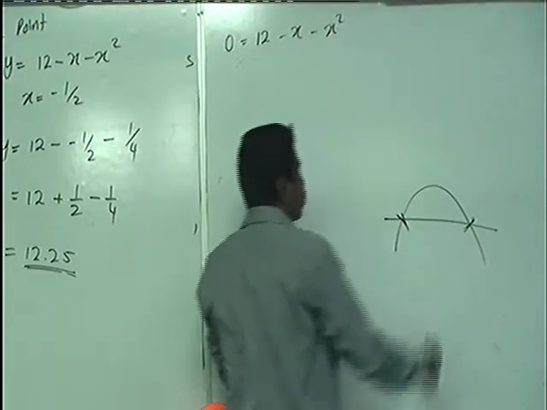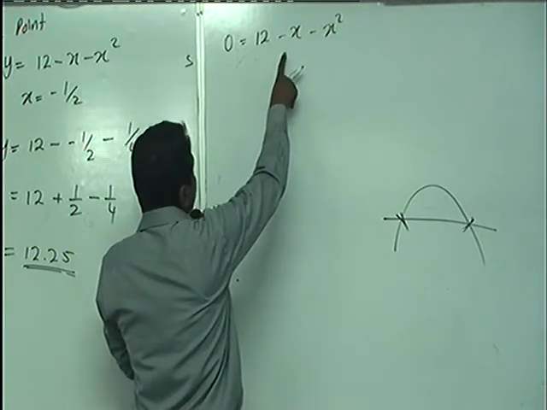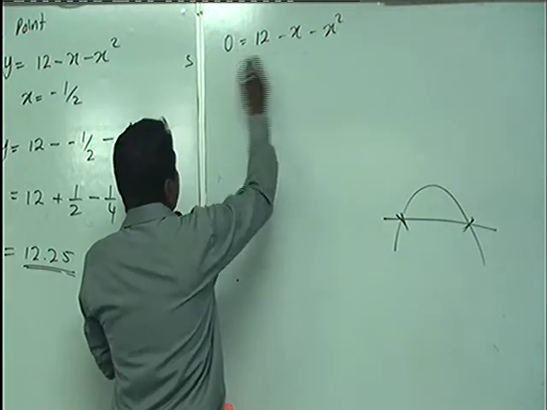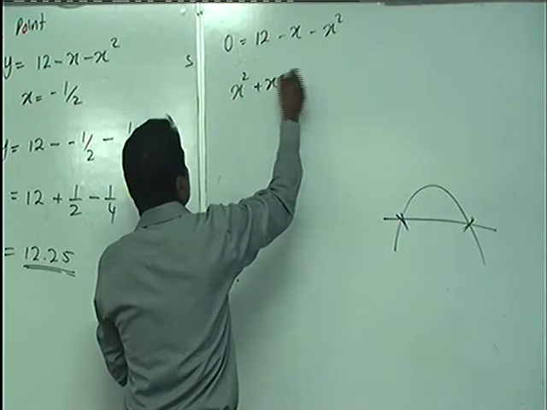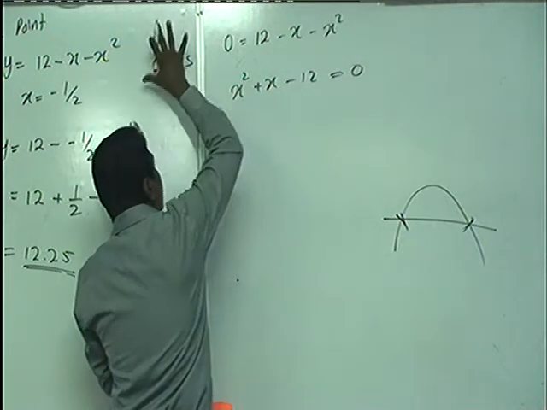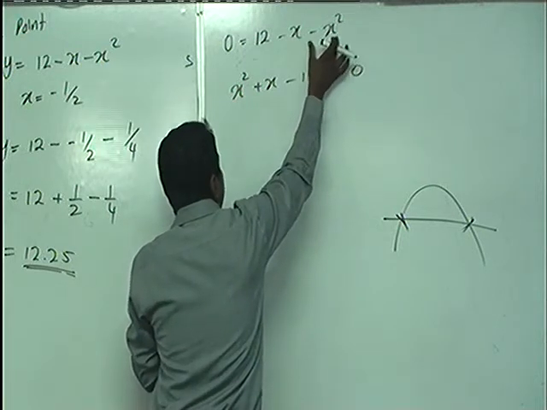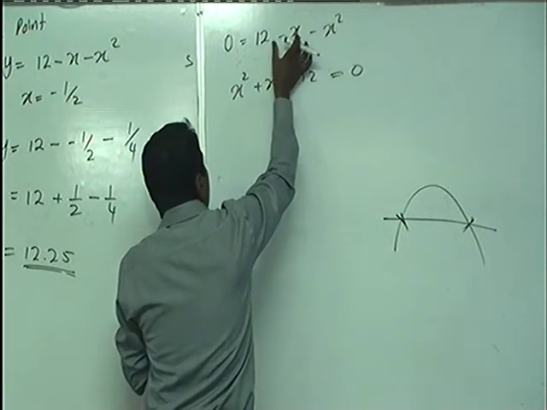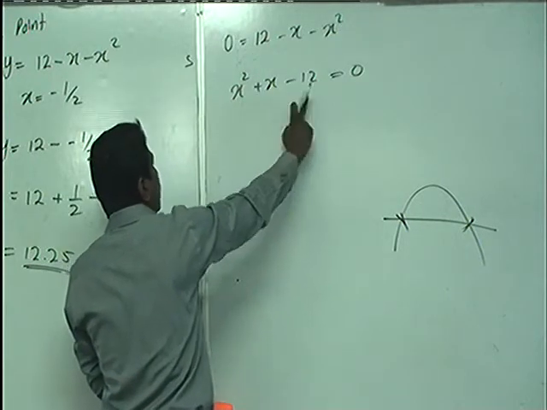I will calculate these two points, where y equals 0. I take all terms to this side because I don't like to deal with minus x squared. So minus x squared becomes plus x squared, minus x becomes plus x, and plus 12 becomes minus 12: x squared plus x minus 12 equals 0.